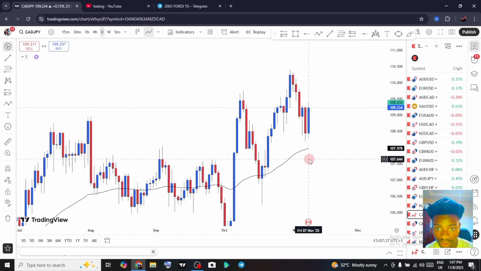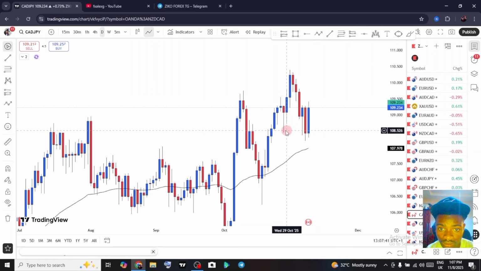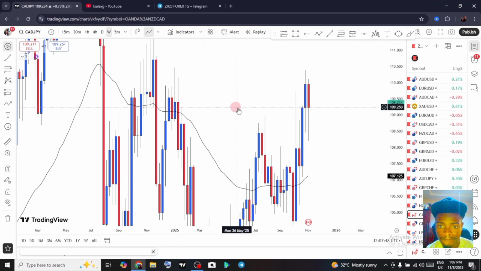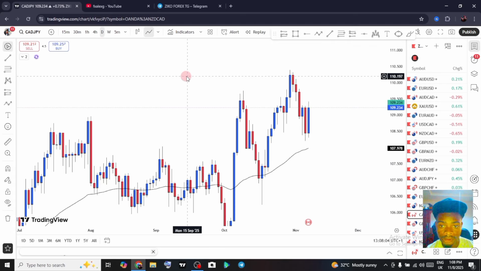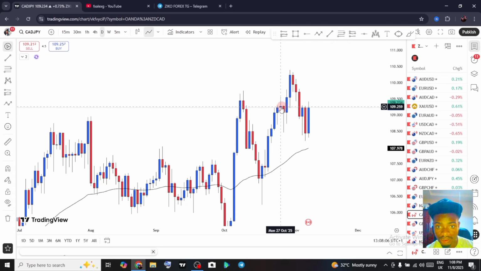So let me see what we have here. Okay, so let's see the weekly again. This happened before, right? That's what's happening right now. So can the next week actually be a bullish candle after this? Let's go to the daily again.